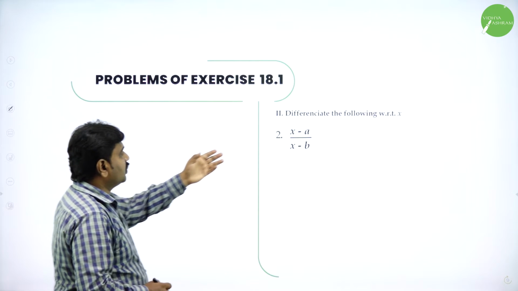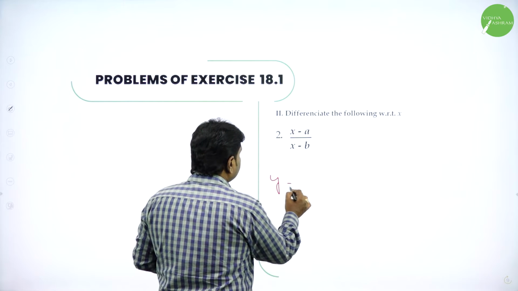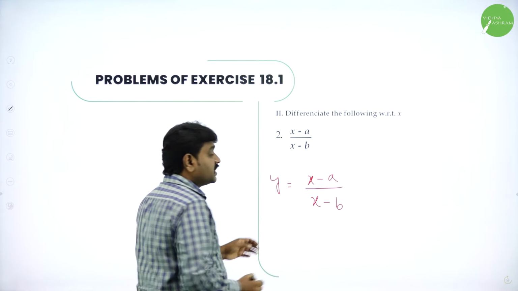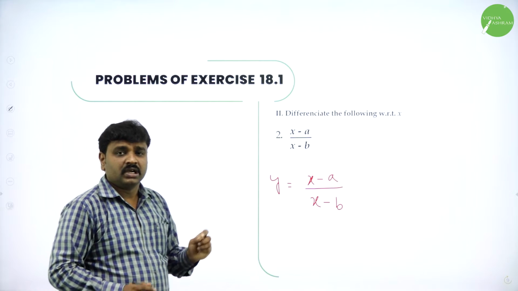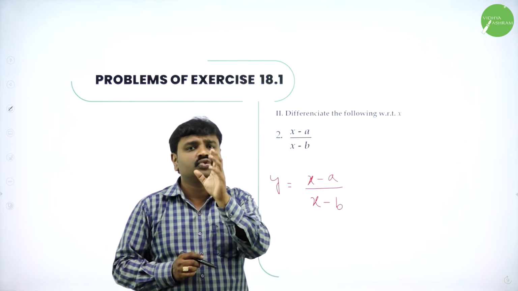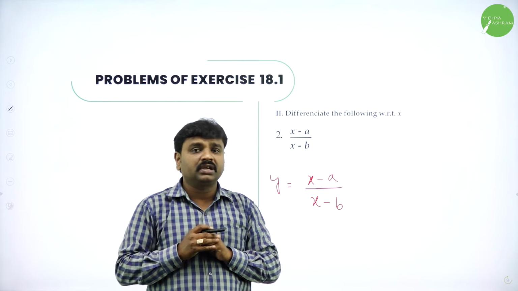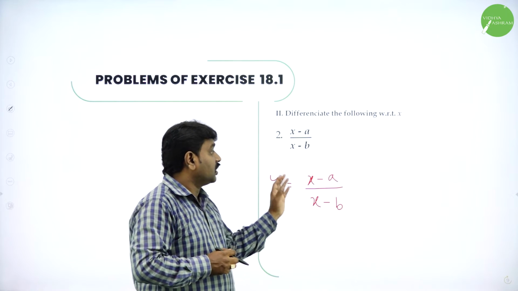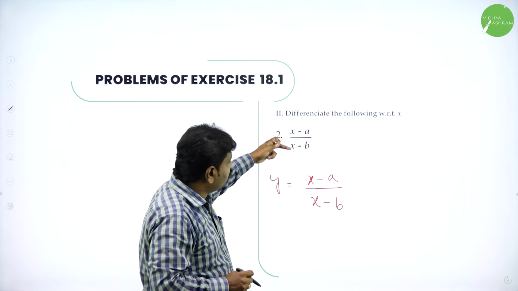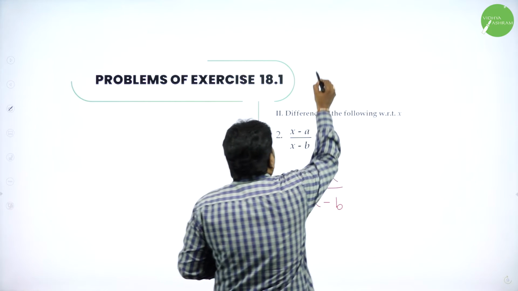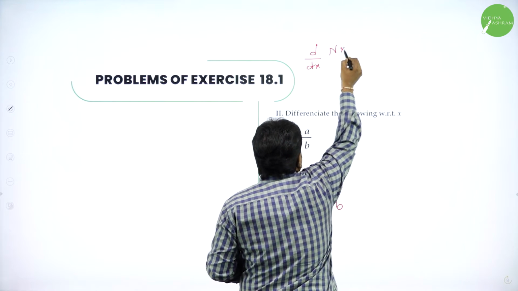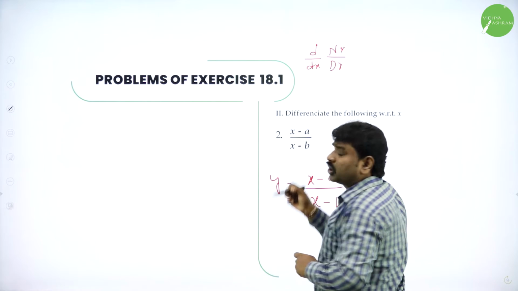Next, y is equal to x minus a by x minus b. You can clearly see it is in the form numerator by denominator. Whenever the function is in the form numerator by denominator, you should use quotient rule. Again I am repeating, students, they will not mention apply quotient rule and differentiate. You have to observe. In my last class I taught you, if the problem is in the form of numerator by denominator, you have to use what rule?